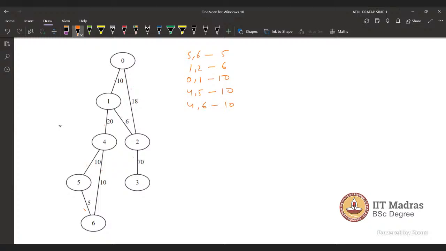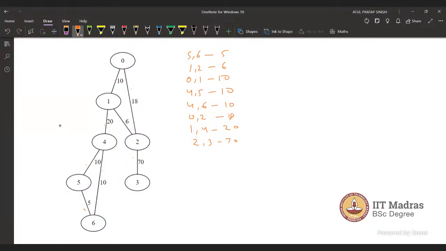The next one is 18: 0 to 2 is 18, then 1 to 4 is 20, and 2 to 3 is 70. So first we sort all edges in increasing order of their weights.